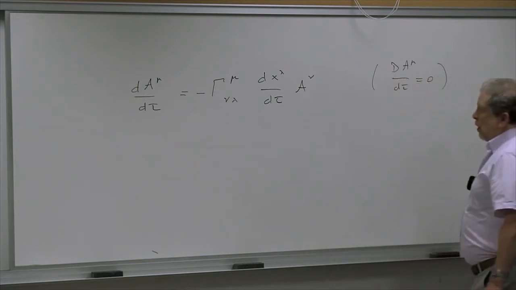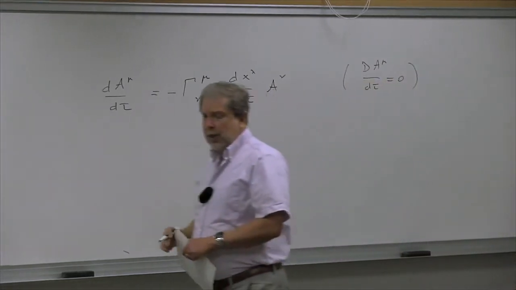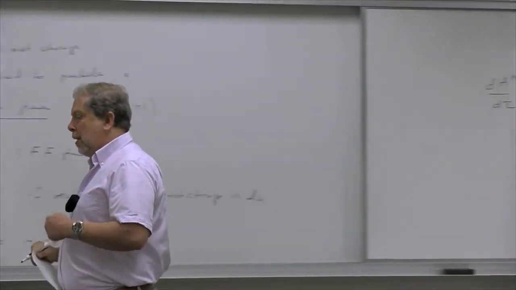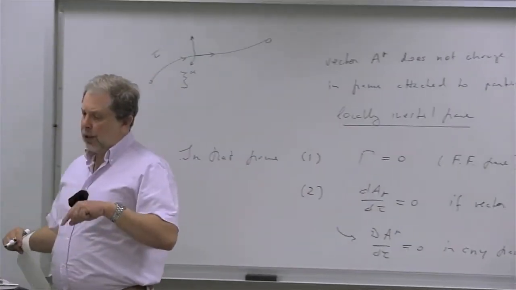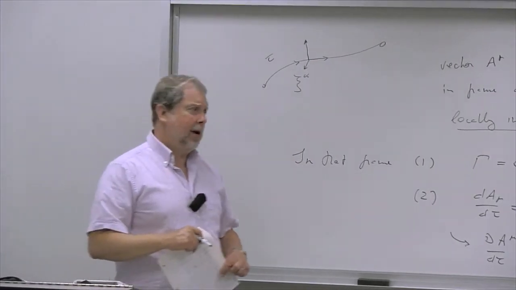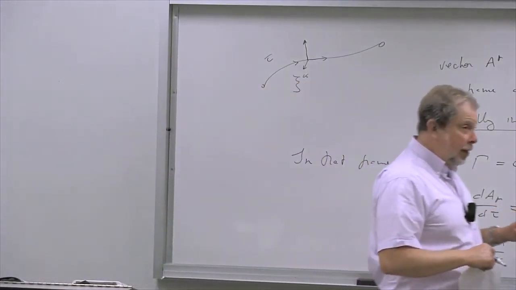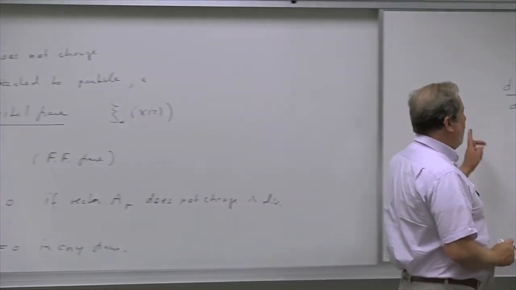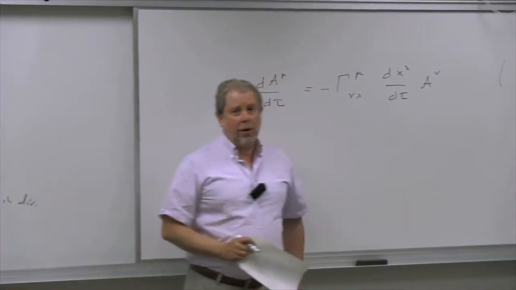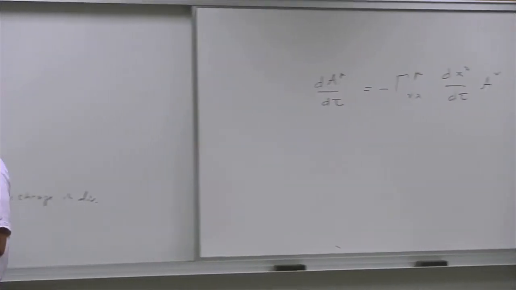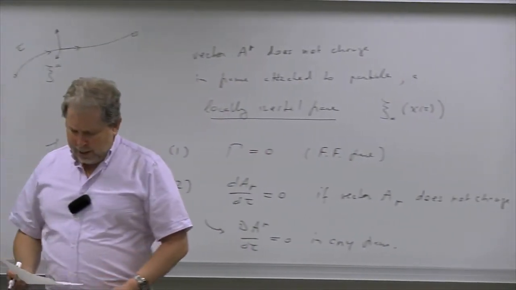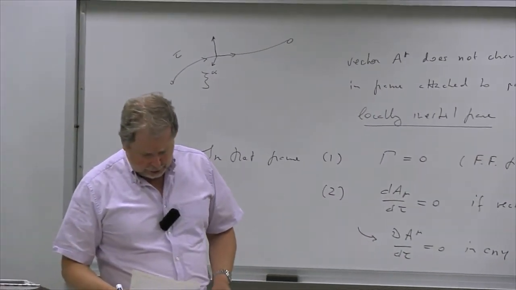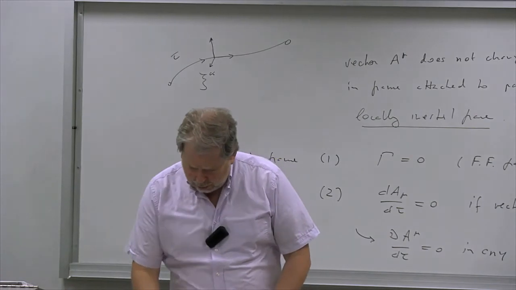So the equation of parallel transport says that the covariant derivative of a vector that does not change direction in the freely falling frame is 0. And as a result of that, the ordinary derivative is equal to minus the affine connection term as viewed from any frame, not just the one that is attached to the particle.